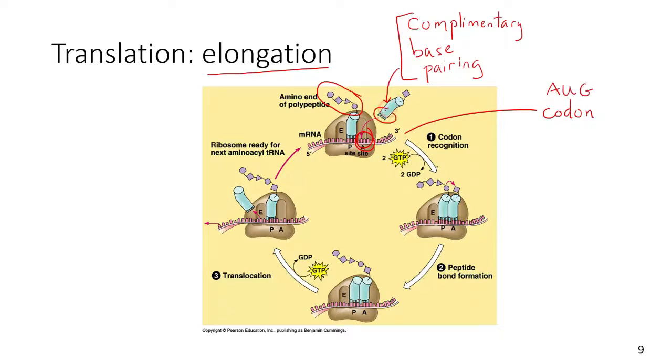And so the transfer RNA here carries with it, as part of it, an anti-codon. And so if it has the complementary string of UAC, then we get complementary base pairing, and then we know for sure this is the right transfer RNA at this particular spot.